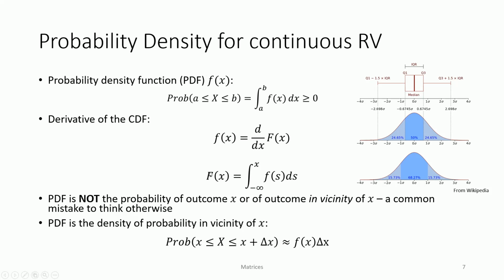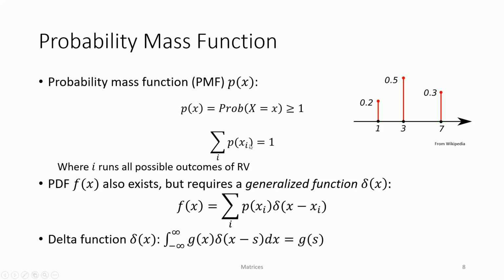So if we integrate this density function from minus infinity to plus infinity, it should add up to 1. Similarly, with PMF we don't need to integrate. It's a discrete number, so we sum, and the sum should be equal to 1.